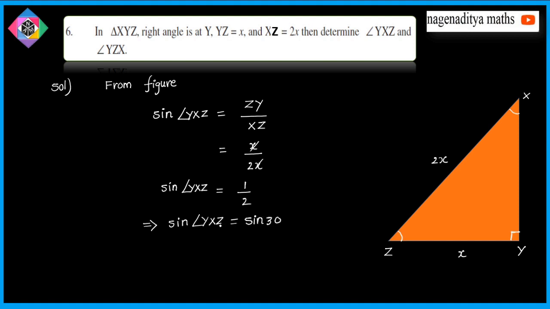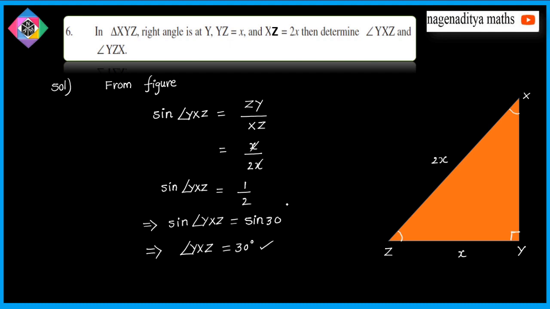We already learned that if sine A is equal to sine P, then A is equal to P. So similarly angle YXZ is equal to 30 degrees. So this is the first one which we have to find, angle YXZ, and angle YXZ is equal to 30 degrees.